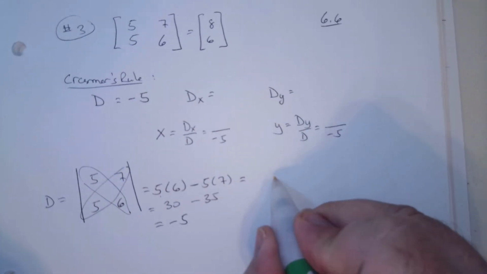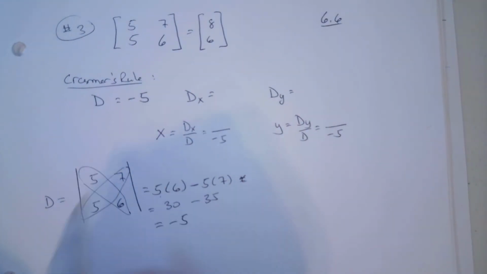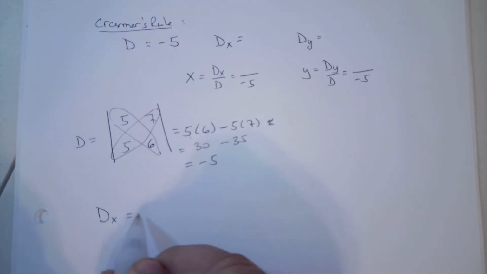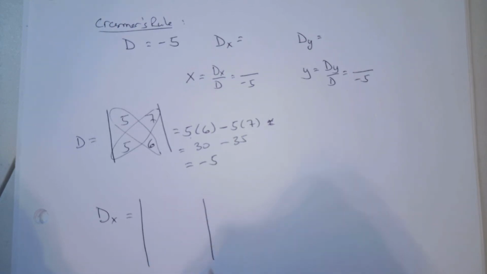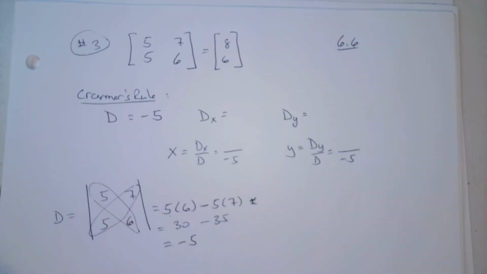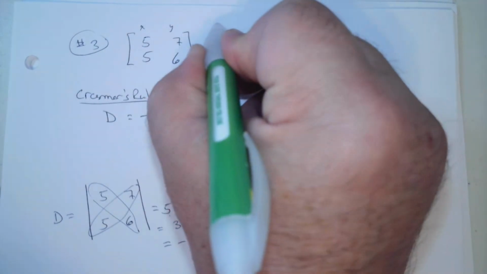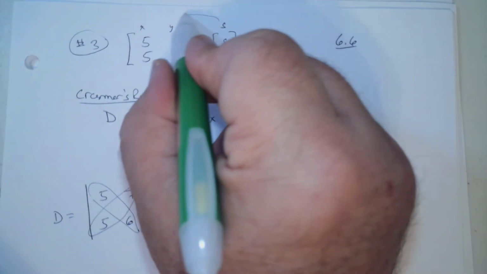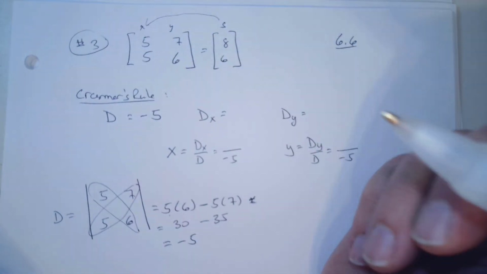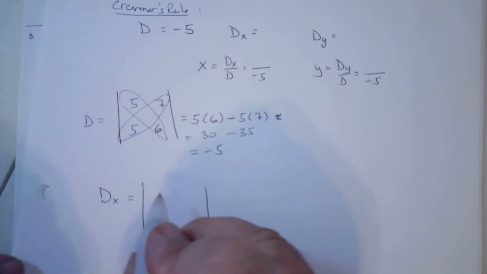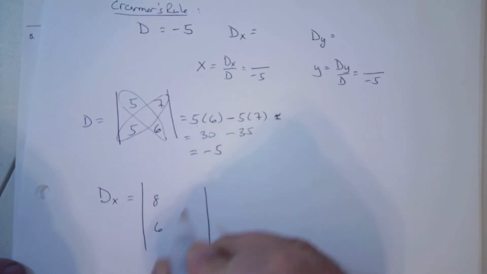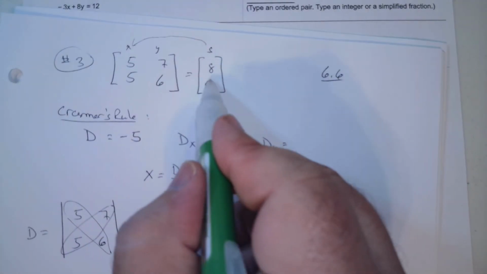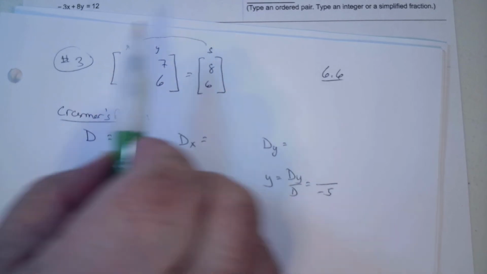Now we have to find dx and dy. For dx, we have x, y, and solutions. To find dx, since we're looking for x, the solution takes the place of the x. Leave the y alone. So I have 8, 6, and leave the y alone, 7, 6. I just cut and paste the solution right there.